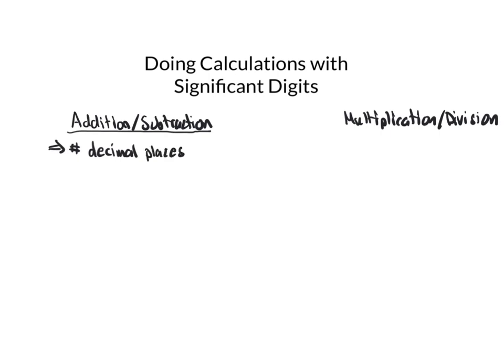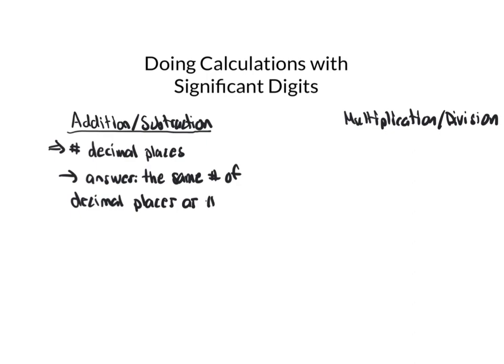And my answer will have the same number of decimal places as the number with the least number of decimal places.